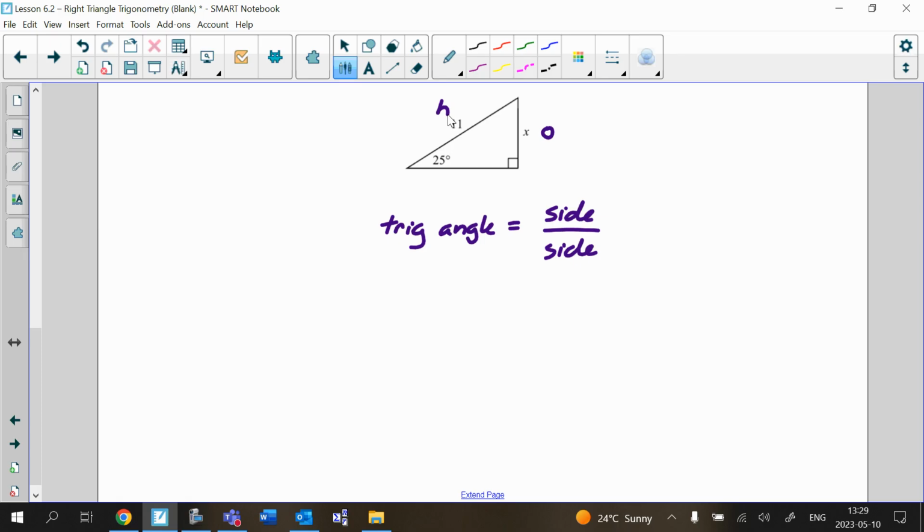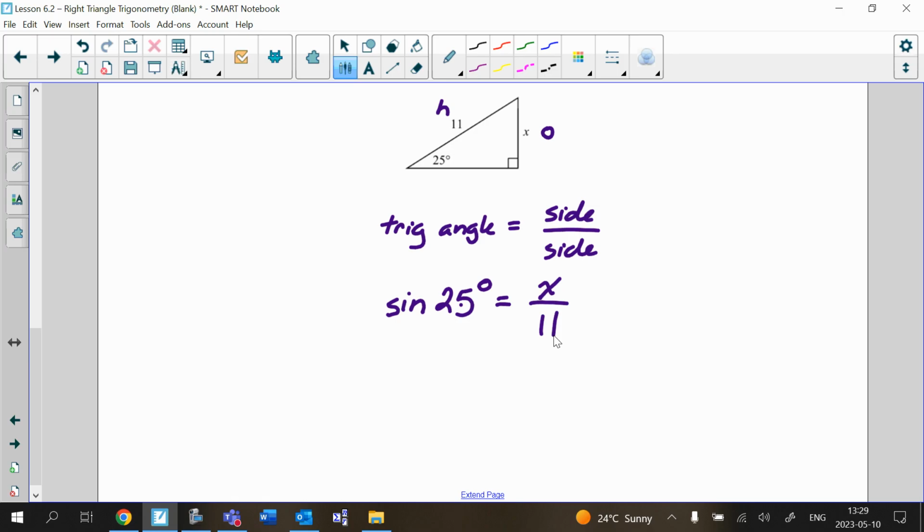So my trig is going to be sine. My angle is going to be 25 degrees. My top side is going to be the opposite x over my bottom side, which is going to be the hypotenuse 11. You can always construct an equation, and then when you do, use algebra to solve.